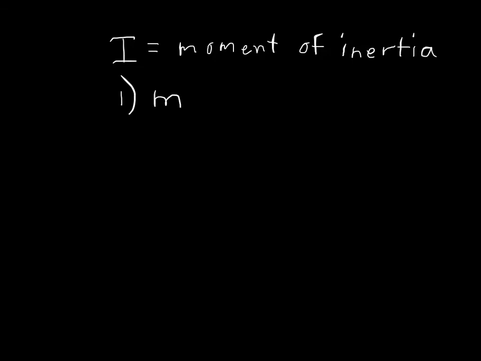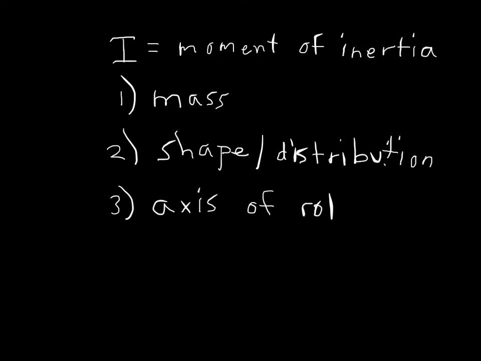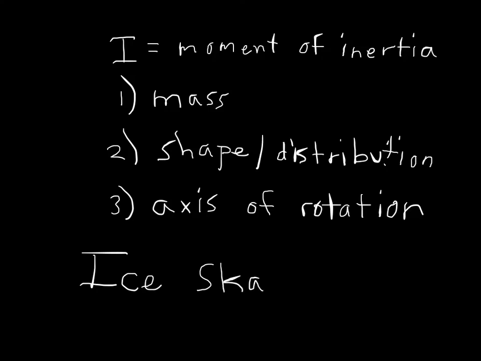It depends on the object's mass, its shape, or how that mass is distributed, and also the axis that the mass rotates around. We'll do an example in class to demonstrate this. So when you're thinking of moment of inertia, think about ice skating. And we'll talk about what that means in class.